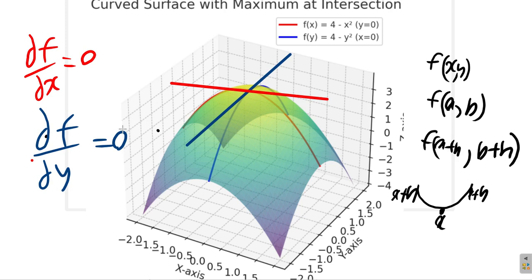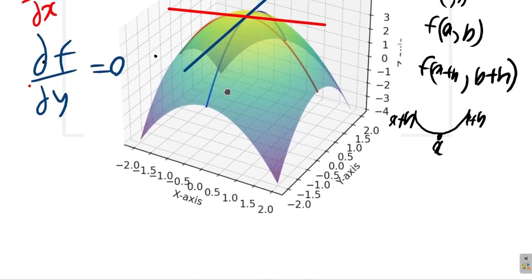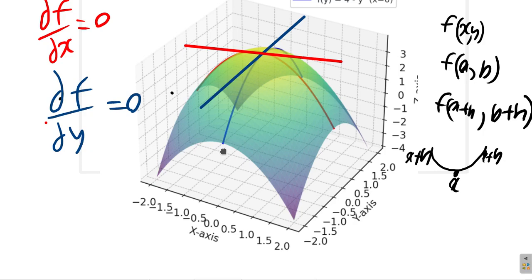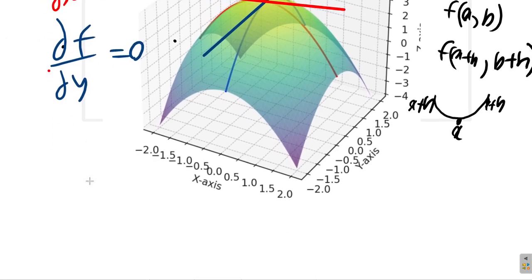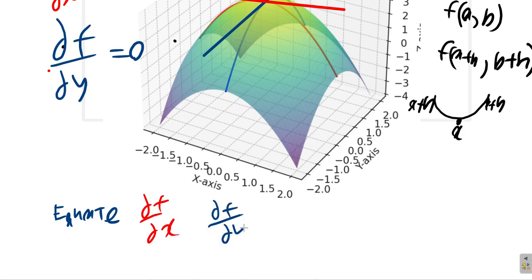Now, to locate the stationary point, or the maximum point, or minimum point, whatever point it is, what you do is equate the partial of f with respect to x and the partial of f with respect to y, wherever they are 0, and solve them simultaneously.